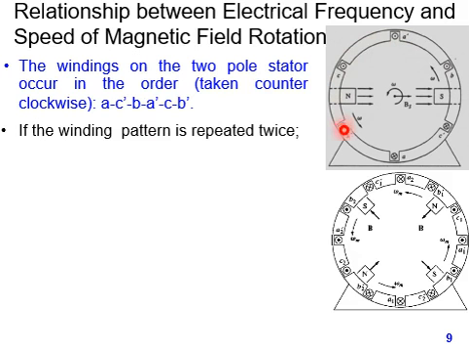They are taken as counterclockwise. If this pattern is repeated twice, then we will have a situation like this, as you can see in the second figure, where all the points are repeated again.